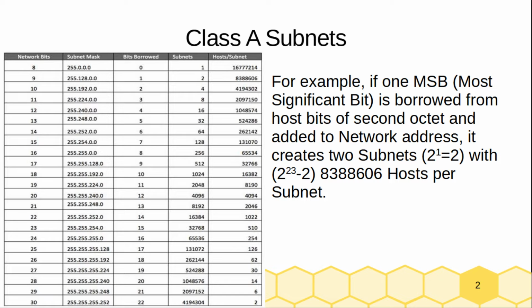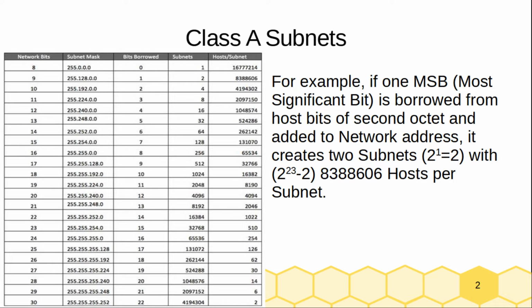The subnet mask is changed accordingly to reflect subnetting. As you can see below, there is a list of possible combinations of class A subnets: network bits, subnet mask, bits borrowed, subnets and hosts per subnet. If there are 8 bits on, the subnet mask will be 255.0.0.0, the bits borrowed will be 0, the subnet will be 1 and the total number of hosts per subnet will be 16,777,214.